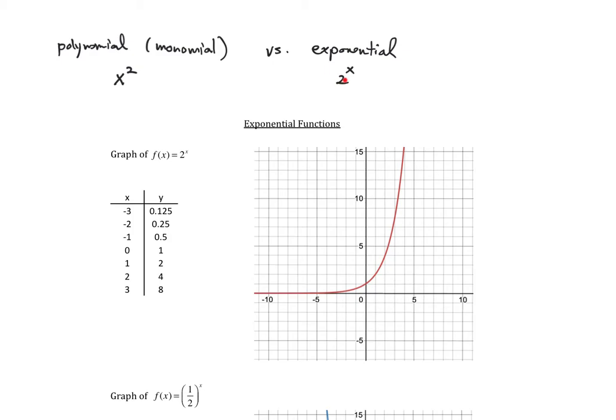You have a number downstairs, so we call this number the base, and you have the variable actually in the exponent. So that's really what defines an exponential function, is the variable is in the exponent.